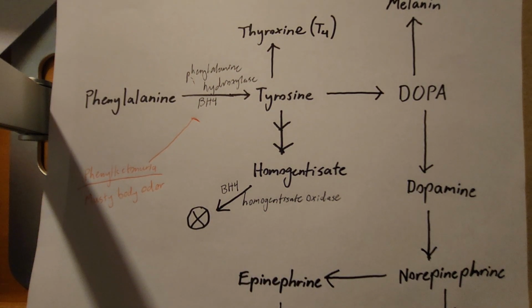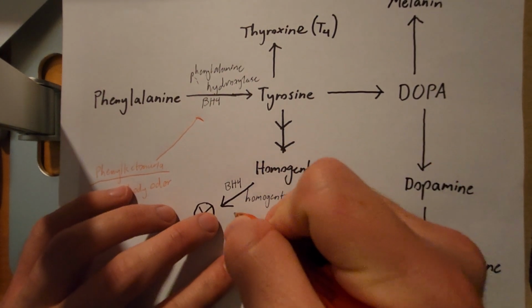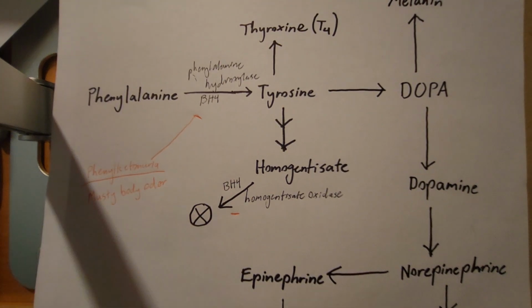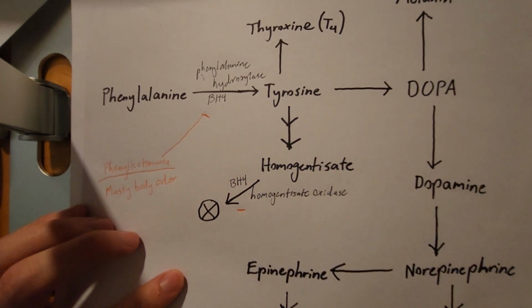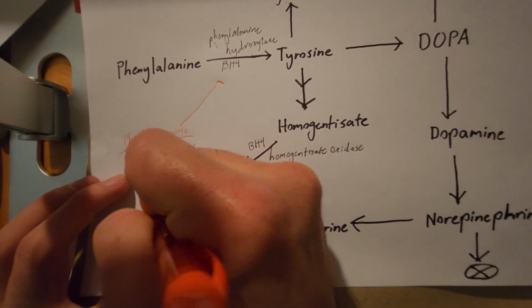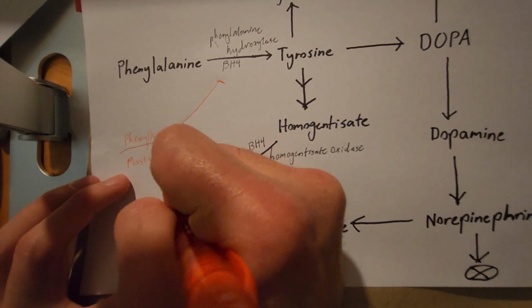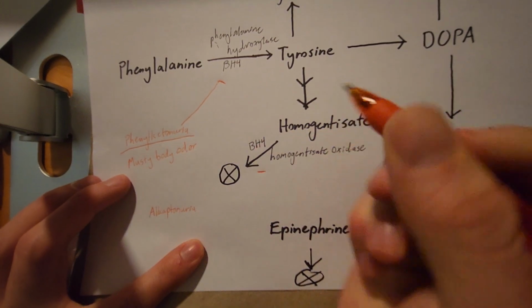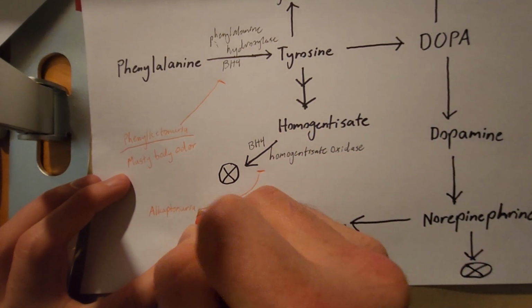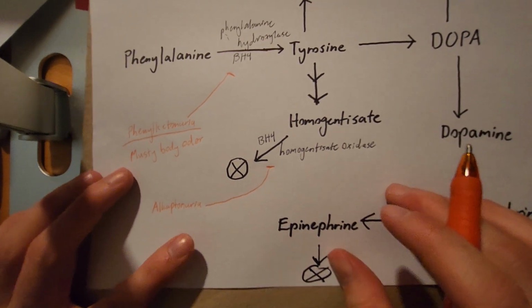And this is where we see our second major clinical disorder. If you have a defect in BH4 and or homogentisate oxidase, I'll draw that over here. You're going to develop a disease called alkaptonuria.